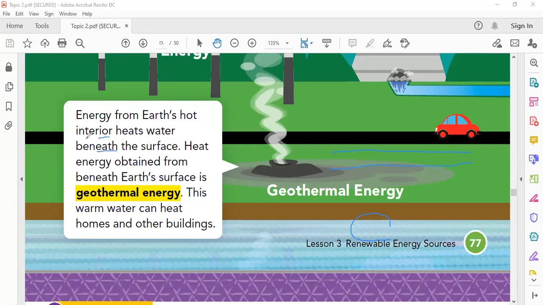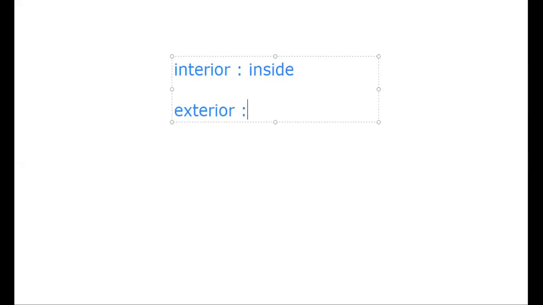You have to distinguish between two words in science. The word interior means inside. The opposite of interior is exterior, which means outside.